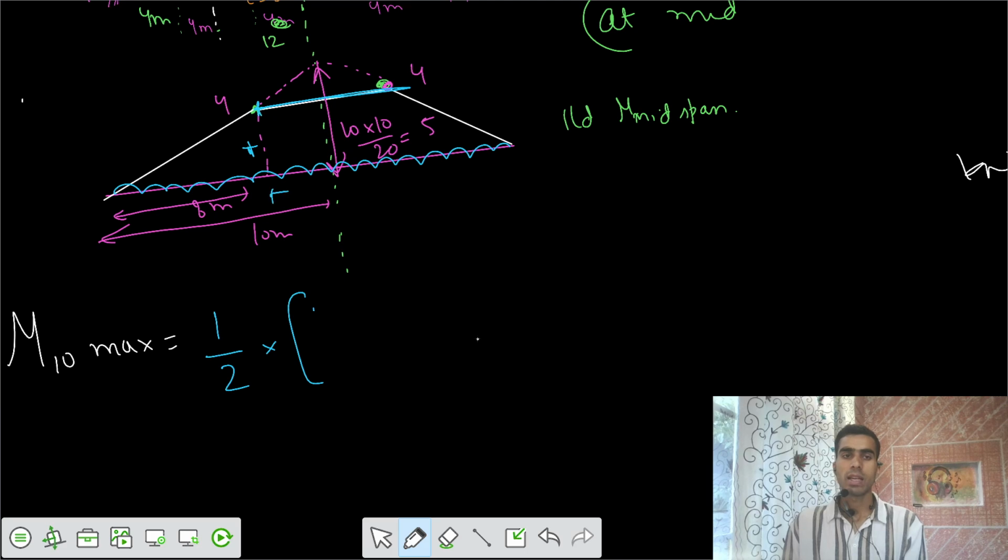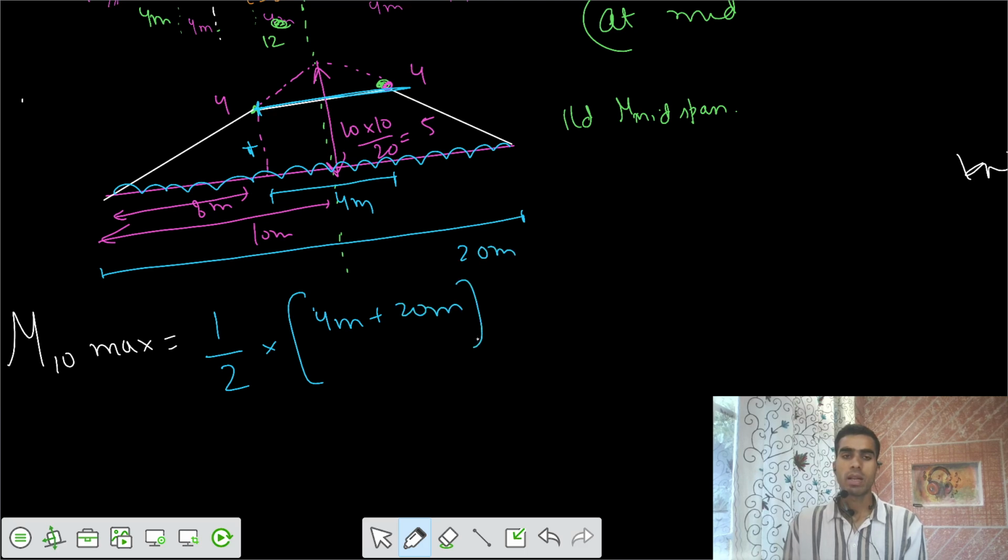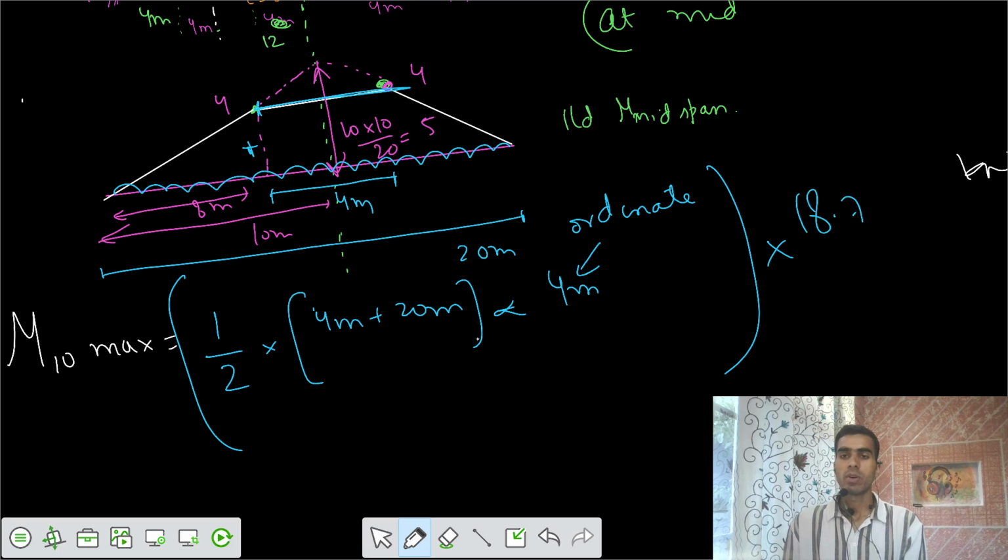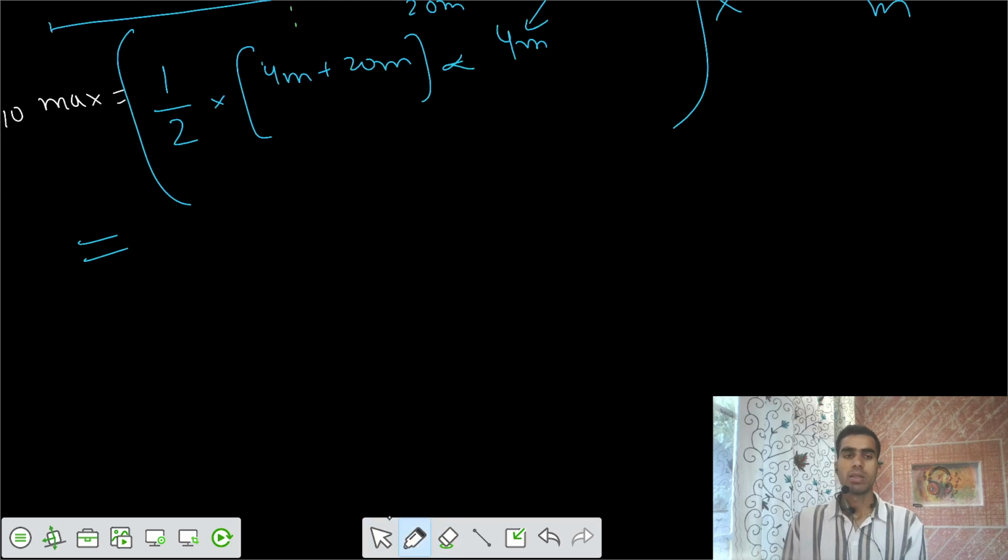This is 4 meter. And what is the total length at the bottom? This is 20 meter. This is the sum of parallel sides, and we multiply by the ordinate of 4 meter. Then we multiply by the intensity also, 18.75 kilonewton per meter, and you get the bending moment, equal to 900 kilonewton meter positive.